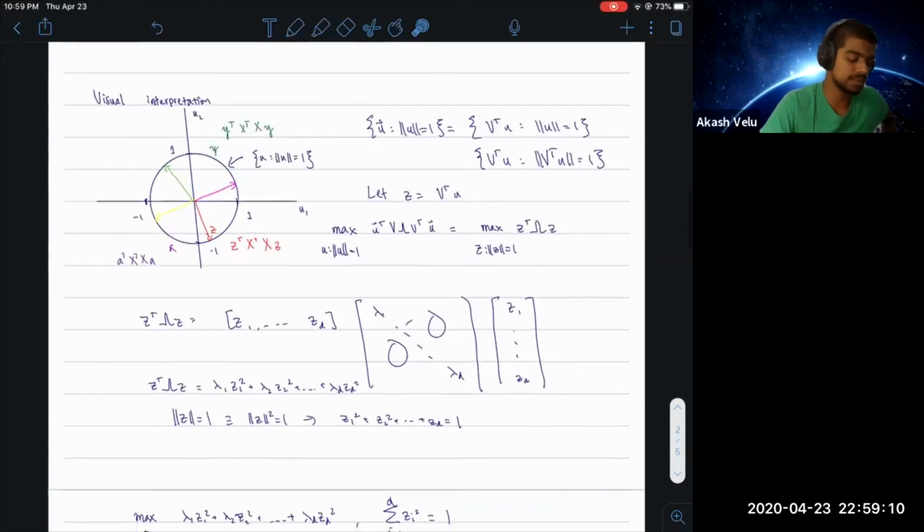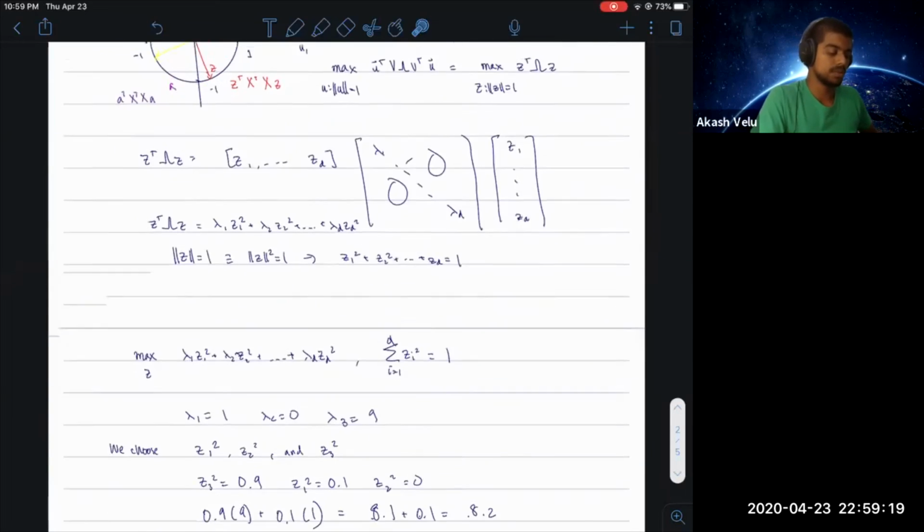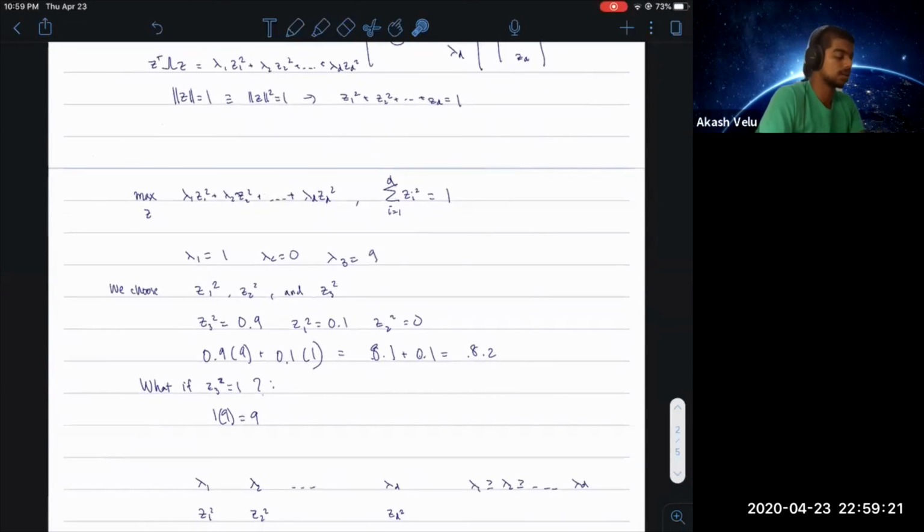because then we can write this as a sum of lambda 1 z1 squared. So we then thought about, okay, our goal is to maximize this sum, and we have control over each z value, but we don't have any control over the lambda values.